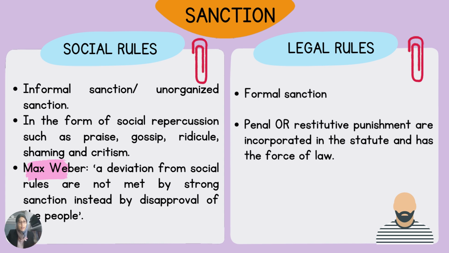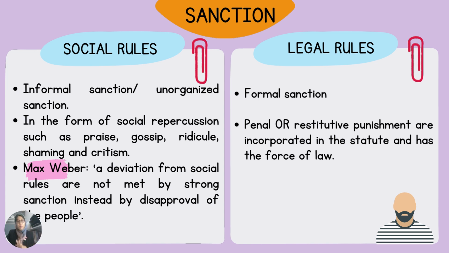And it is agreed by Max Weber. He said that a deviation from social rules is not met by a strong sanction, but instead by disapproval by the people. So when you do not follow some of the social rules, the sanction is just disapproval by the people, not penal punishment.